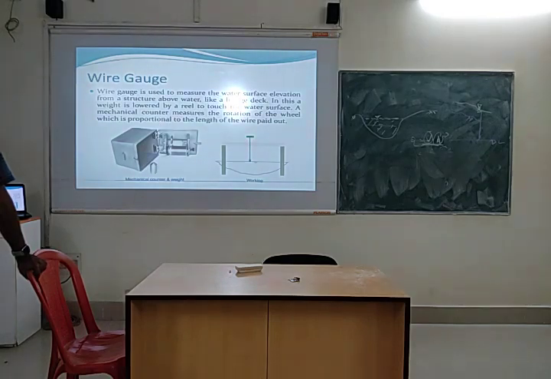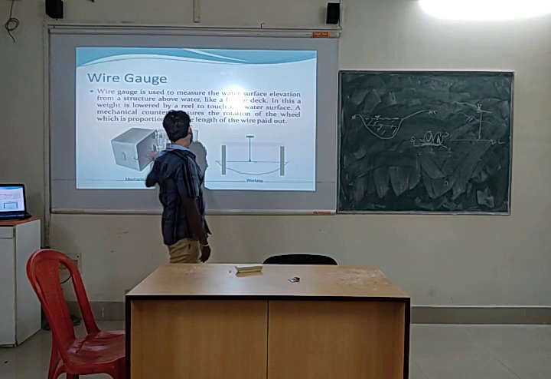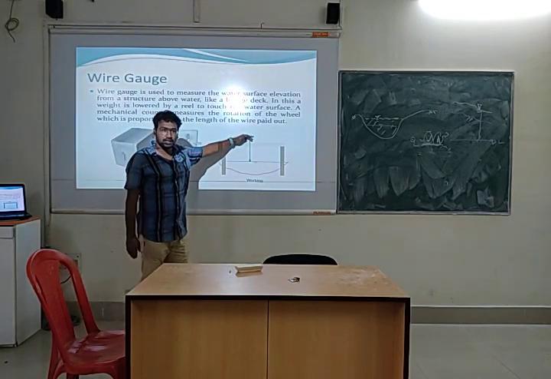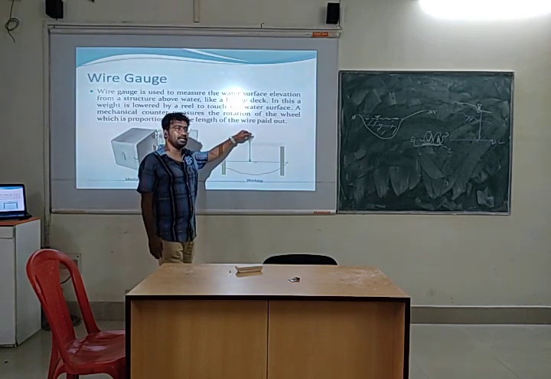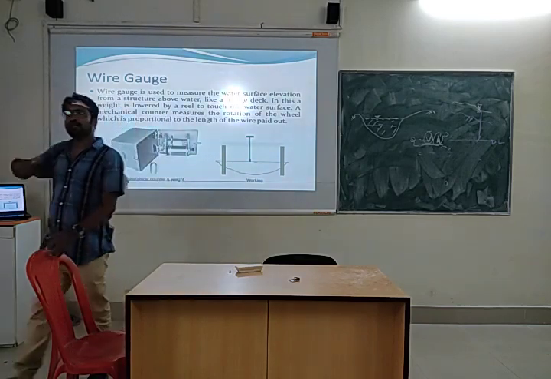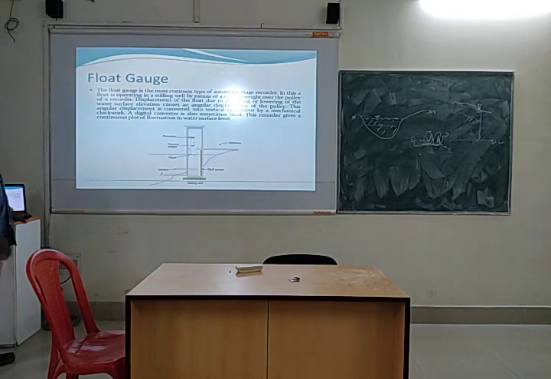Basically you will install this box over some structure, any bridge or barrage, and then lower it, count the rotation, and get the length of the wear. The simplest one was the last one, where the graduated scale is read directly.